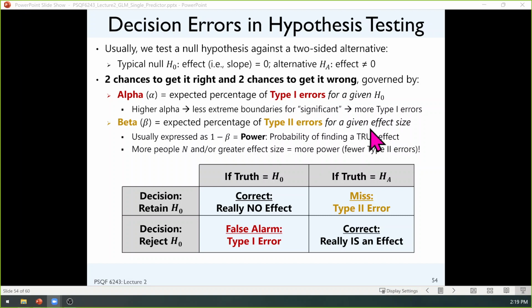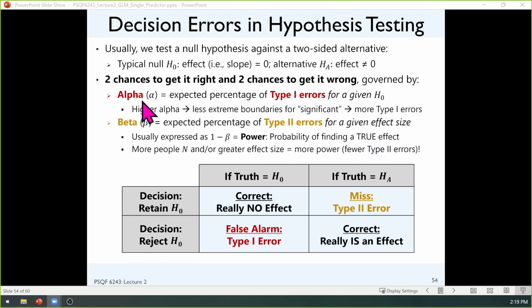Each of these is in a different point of reference with respect to what the truth is. A type 1 error is possible if in reality there's no relationship but you think you found one. A type 2 error is only possible if there is a relationship in reality, but you didn't find it.